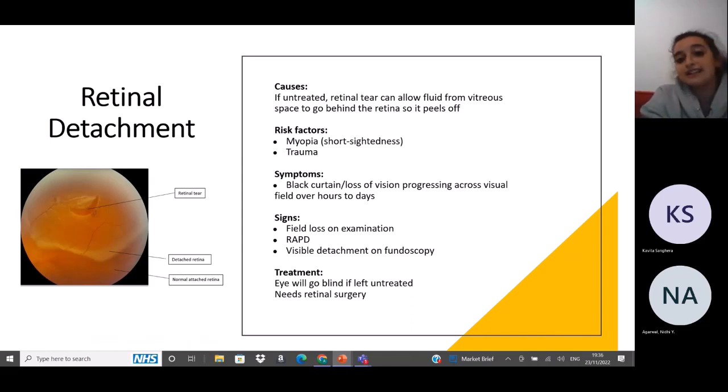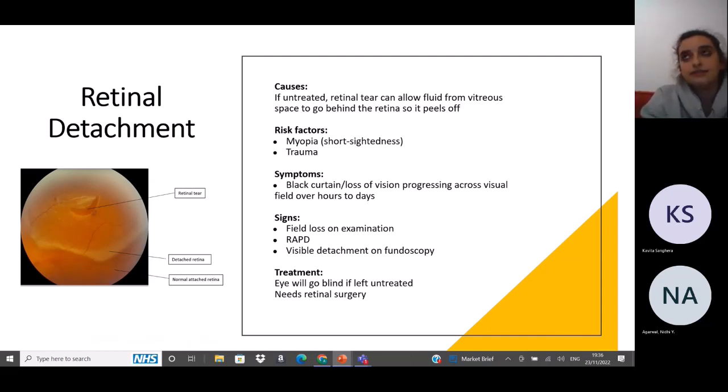And symptoms, the classic exam type question will be a curtain type loss of vision that progresses across the visual field over hours to days. So as the tear is progressing, the retina's detaching, they'll get this curtain-like loss of vision.